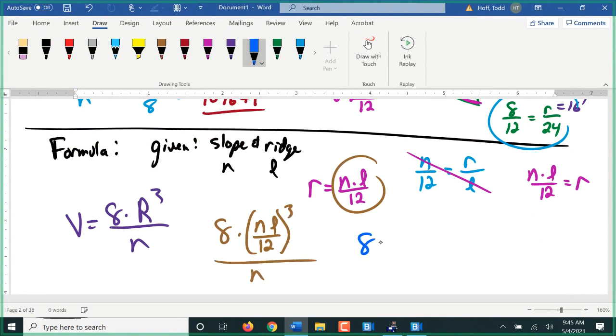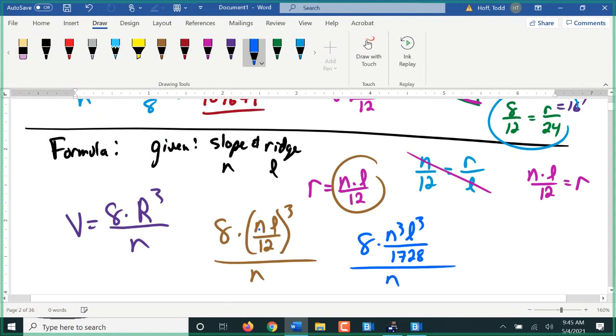When I cube this, I have to cube each piece. So N cubed is N cubed. L cubed is L cubed. And 12 cubed is 1,728, all over N. Well, I'm going to split this into two pieces here.